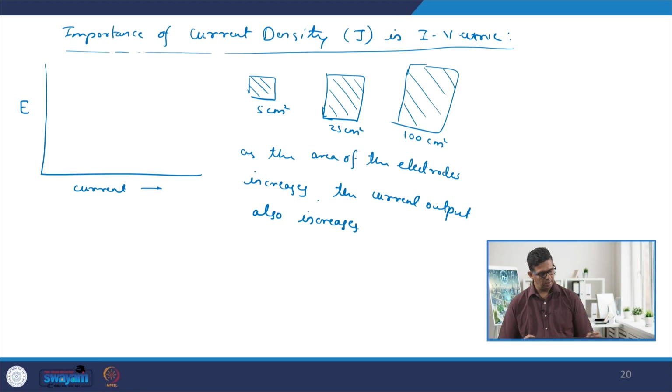So, if we have a 5 centimeter square cell, we will probably be able to fetch roughly around 5 amperes of current.